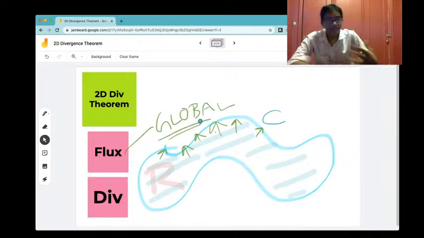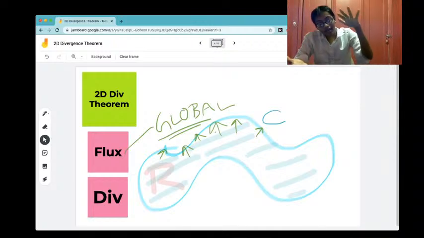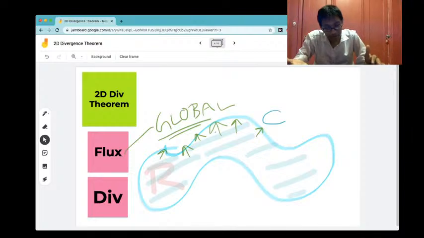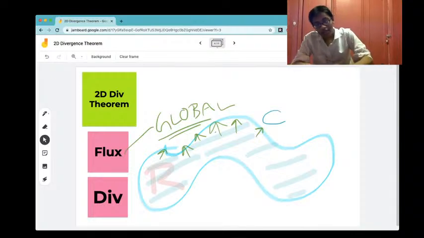So flux basically tells us that if you have a surface with a boundary C and the region inside that boundary is R, the flux of that region is basically going to tell me the amount of particles exiting that boundary, that surface boundary, per unit time, or even entering that surface boundary. So if I want to make that definition more specific, here's what I can say.